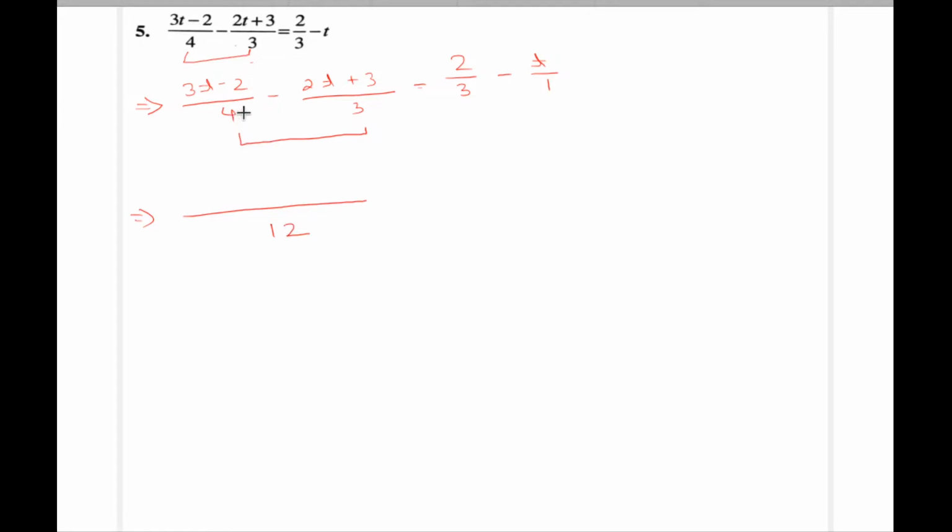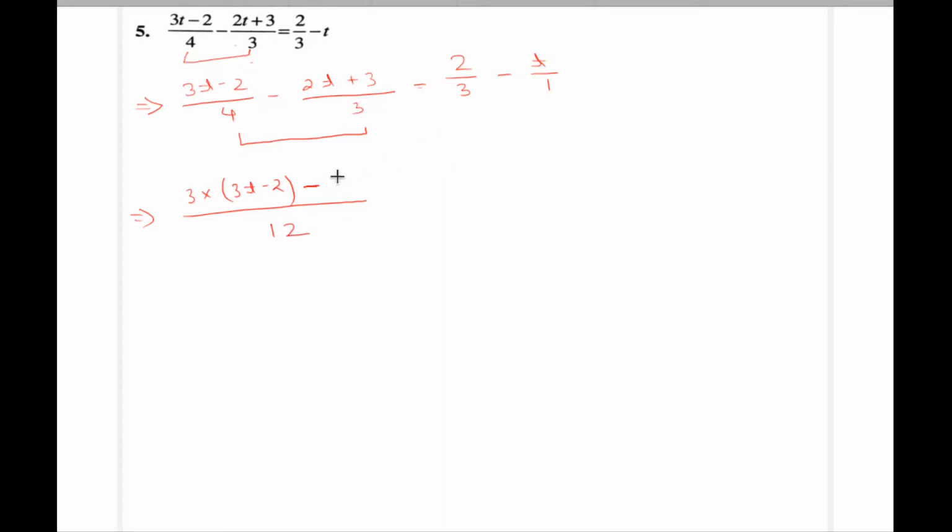Okay. Now, here it is 4 and here it is 12. So we are left with 3. So 3 multiplied by (3t minus 2). Then minus sign. Now here it is 3 and here 12.